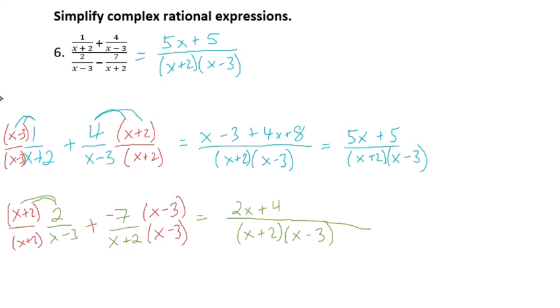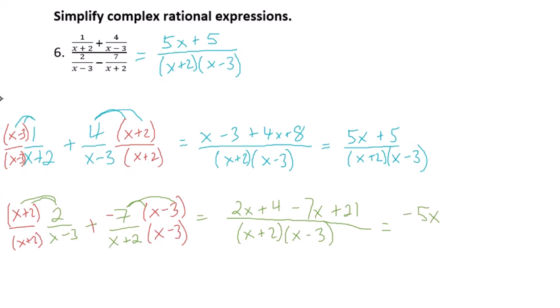And then I'm going to distribute this negative 7 to each term, and that gives me minus 7x plus 21. And that's going to simplify: negative 7x plus 2x would be a negative 5x.